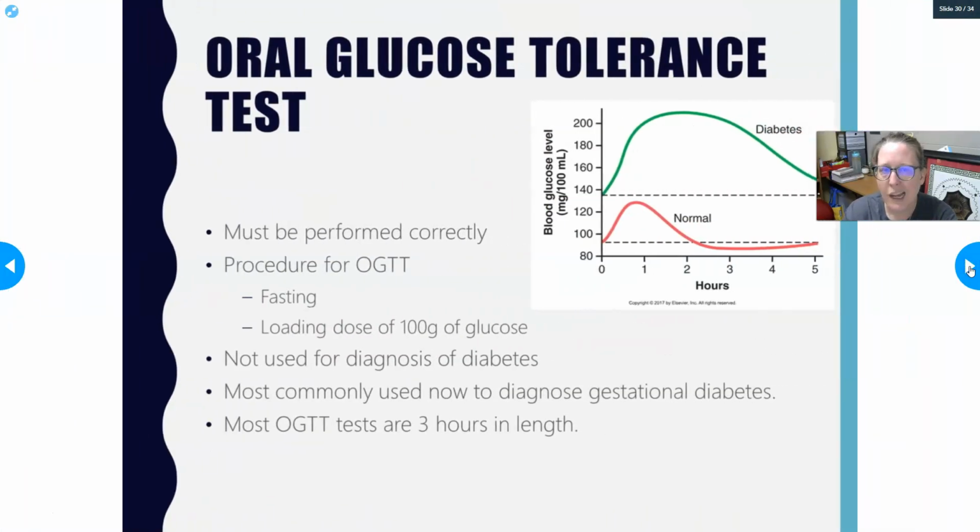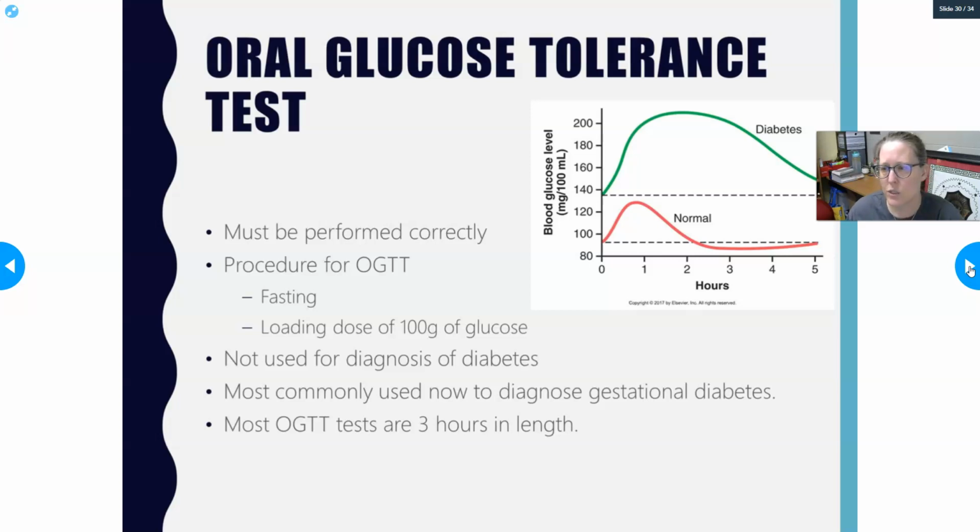Say a little bit on the oral glucose tolerance test here. It is mostly used in gestational diabetes screening. It used to be a diagnostic tool for regular diabetes, but it's just not done anymore because there's just better ways for us to do it. But the procedure is the patient should come in fasting, and you give them a loading dose of about 100 grams of glucose.